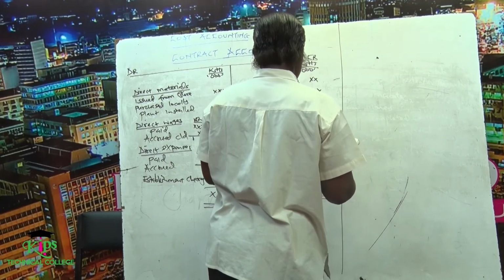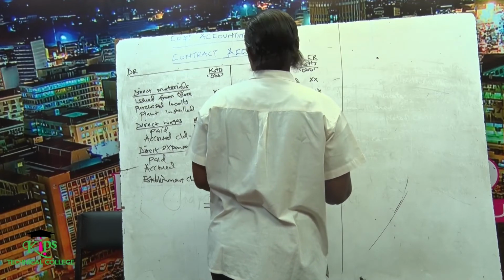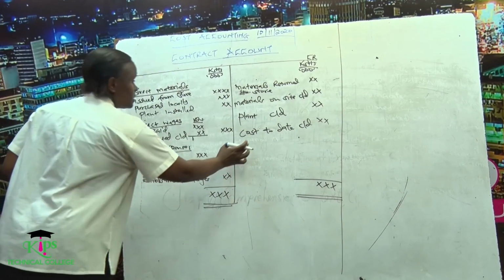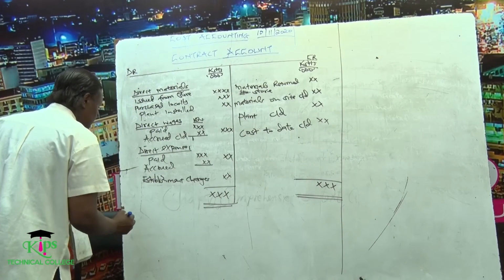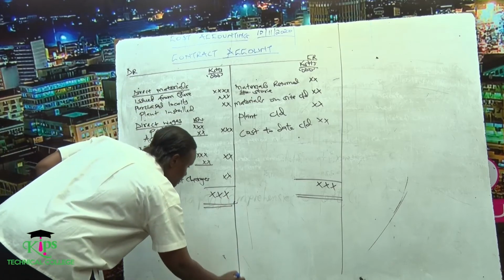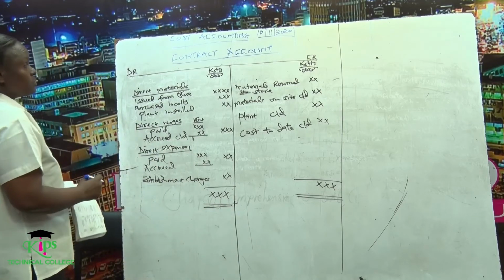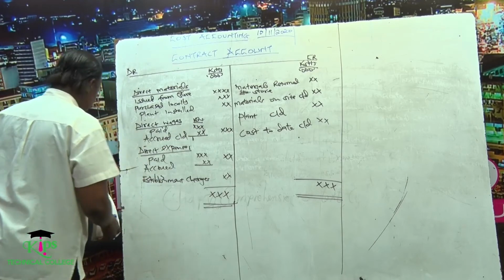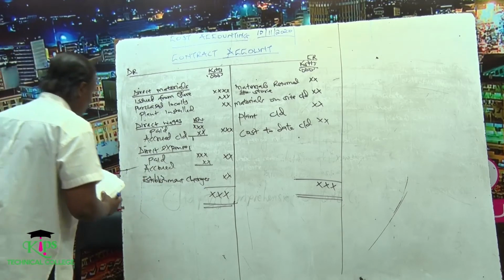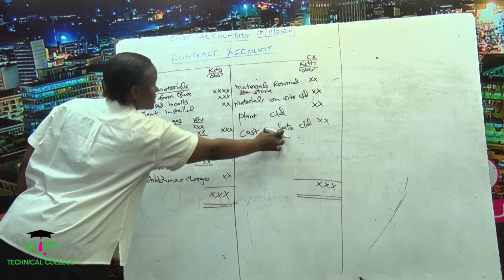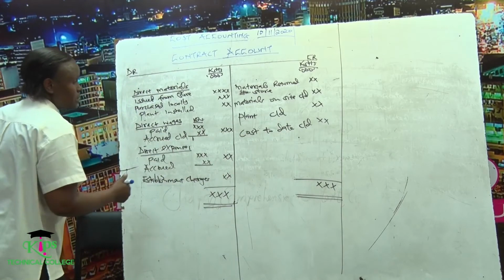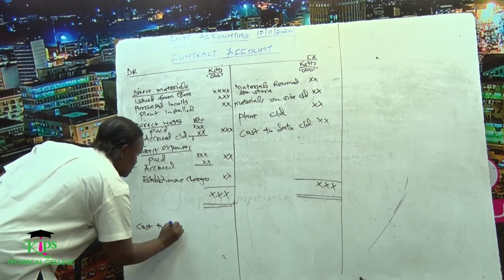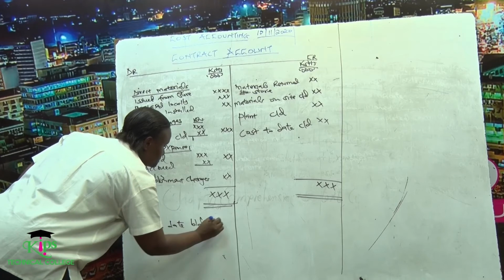After getting those totals, we are going to carry them forward to the next period, because a construction contract will take more than one year. So the cost to date carried down will become cost to date brought down.